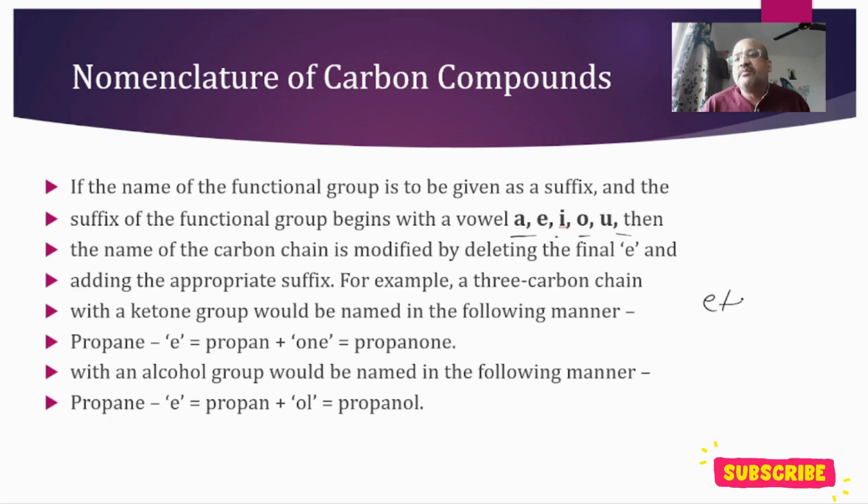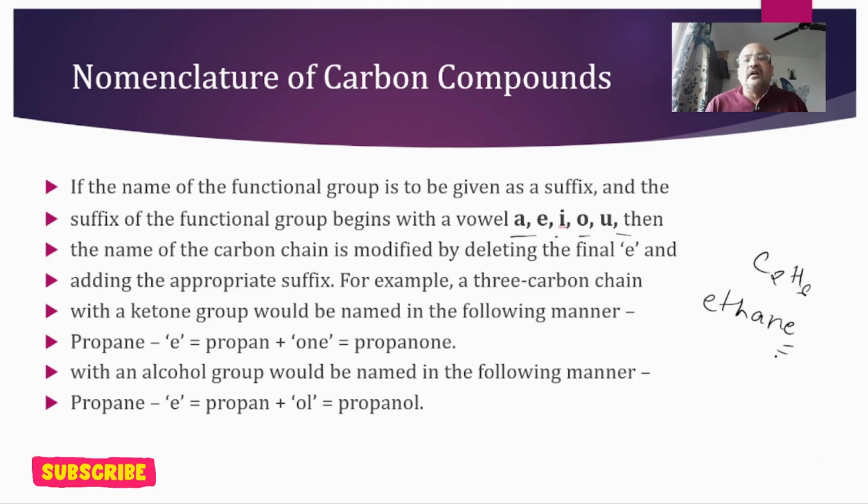For example, take ethane, C2H6. We delete the E and add the appropriate suffix. Suffix means afterwards, as we have seen. For alcohol, the functional group is OL, so OL has to be attached.